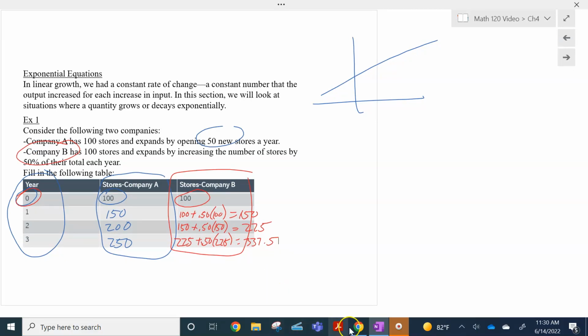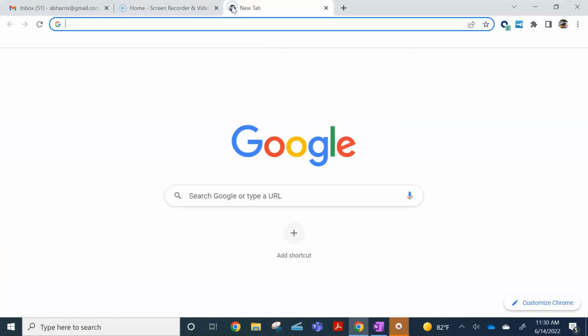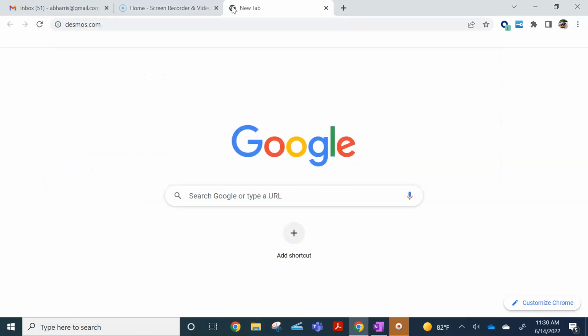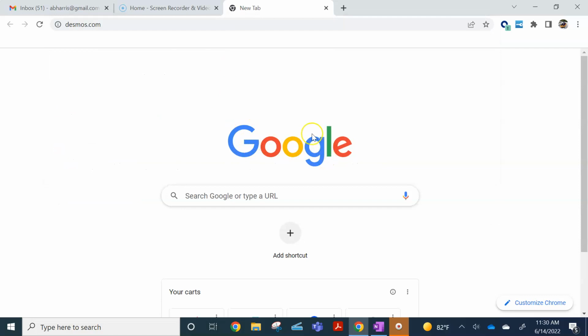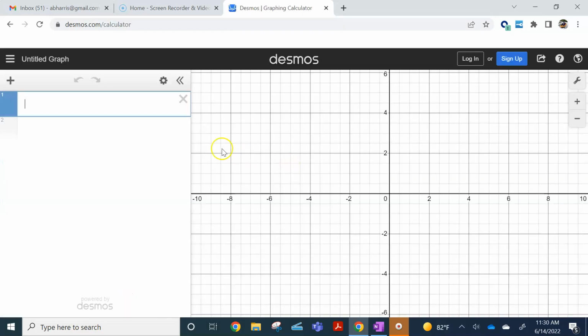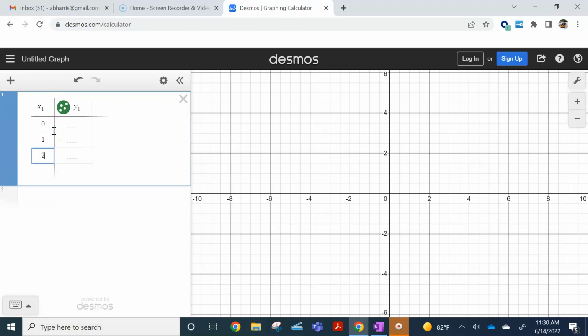And let's take a look at these stores in decimals and see if we can make a comparison here. Let me pull up the graphing calculator. Go ahead and get that plus right there and put this in as a table. Let me plot 5 years' worth. So this is the first store, Company A. They had 100 to start out, and then they went up by 50 every time.